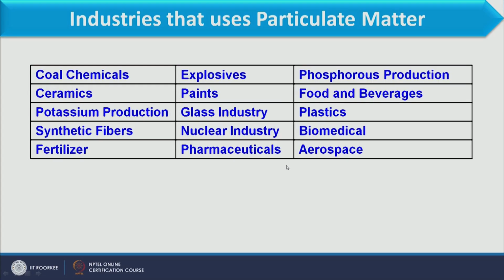That depends on the particle size of a particular material, in which size we are consuming it, so that it can help us. And here we have different industries which use particulate matter: coal, chemicals, ceramics, potassium production, synthetic fibers, fertilizers, explosives, paint, glass industries and many more. So you can understand this particular course is applicable to many industries.